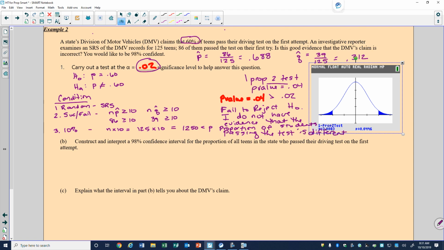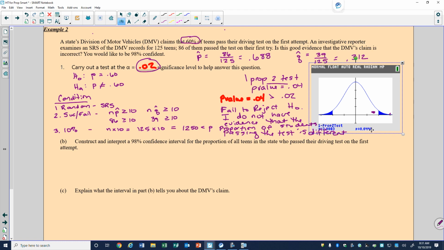I just don't have that evidence. What that means is that 60% is falling somewhere in that more, it's not down here in the little bitty part of the curve. We actually have random variability in which that occurs sometimes, even if the true percentage is 60%.